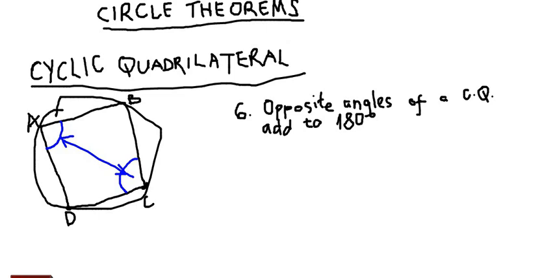Of course, the explanation of this theorem comes from the theorems that we have looked at, which are that the angle at the center is twice the angle at the circumference. The angle at the circumference is half of the angle at the center.